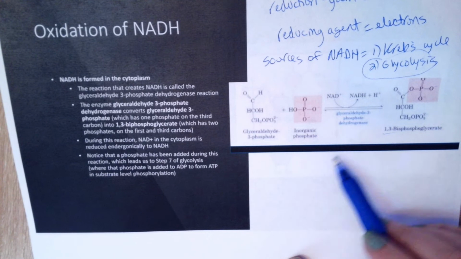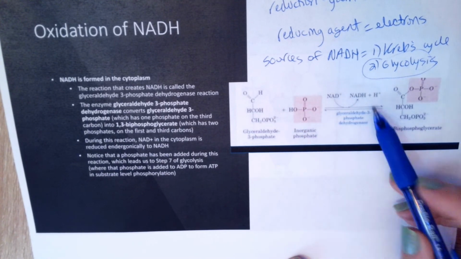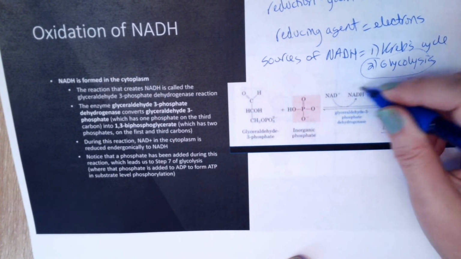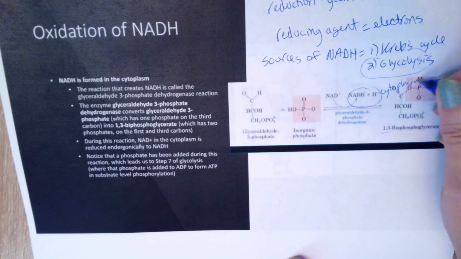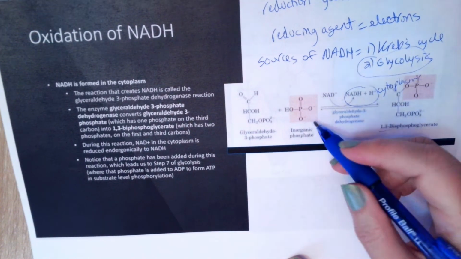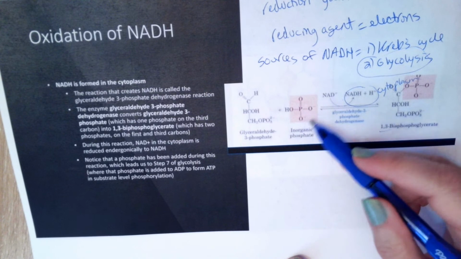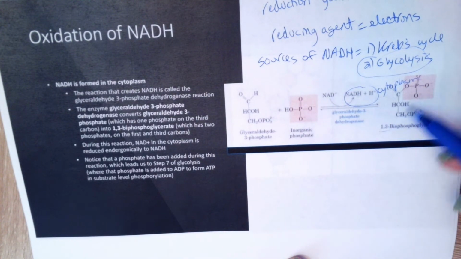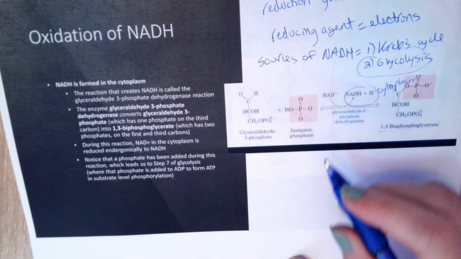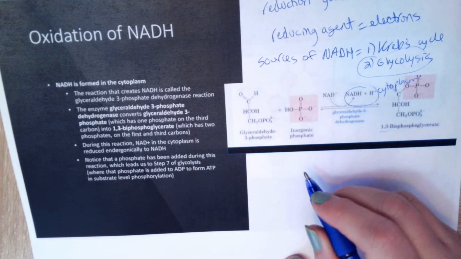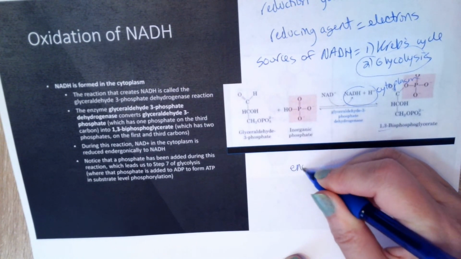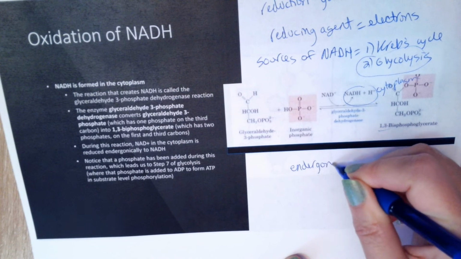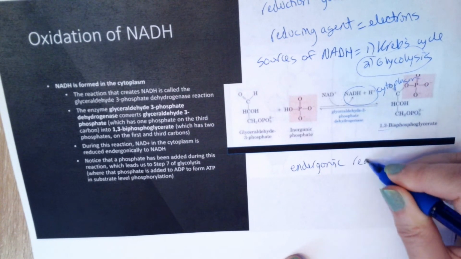What we are thinking about here, though, are two things. One, the source of NADH in the cytoplasm, coming out of glycolysis. And then we are thinking about adding this phosphate into the molecule that is eventually going to continue on through glycolysis. So since we're adding energy to it, we can call that an endergonic reaction.